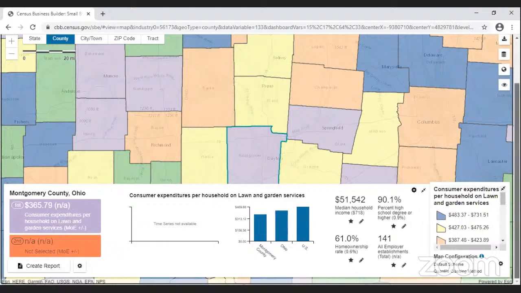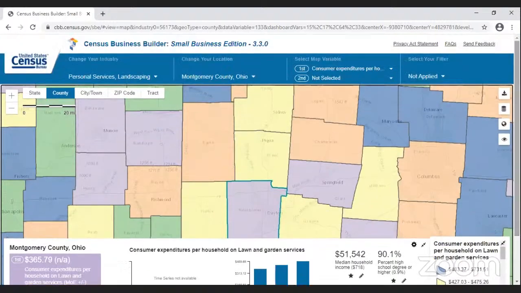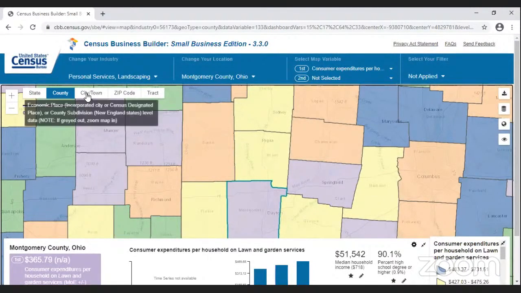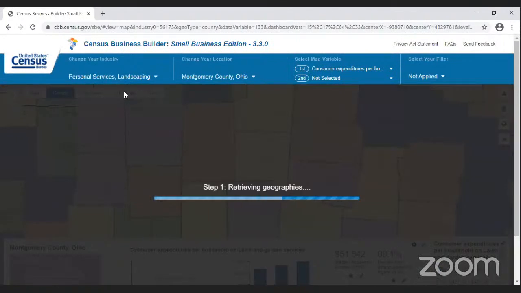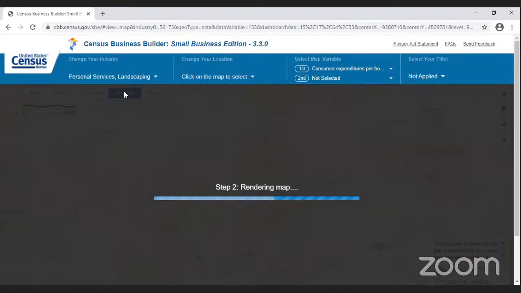Another neat feature of this is I can go to any level I want. I'm going to go to the zip code level. And again, when I go to the zip code level, I'm still going to be on what they spend on lawn and garden.